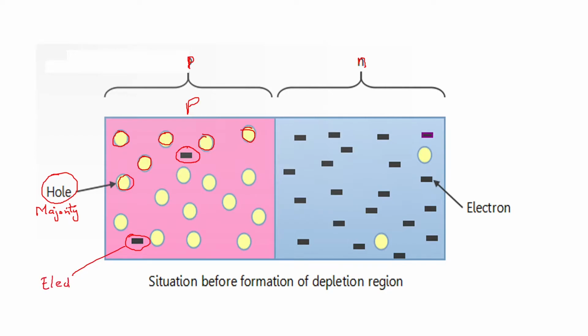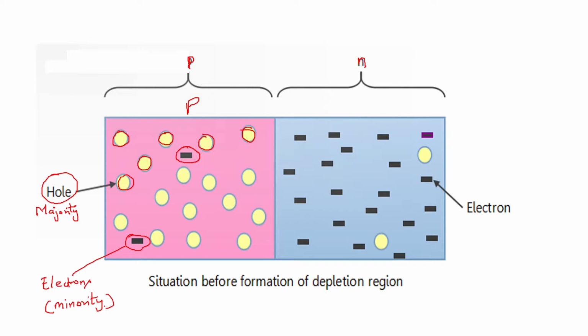This is the explanation of the structure of p-type semiconductor. In p-type semiconductor, the majority charge carriers, the holes, help the current flow, and the minority charge carriers, which you get because of the thermal effect, are electrons.